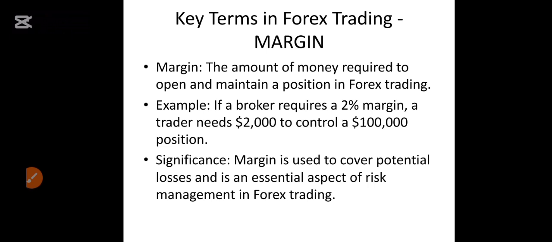Significance: margin is used to cover potential losses and is an essential aspect of risk management in forex trading. So you must know how to risk your account. If it requires 2% margin, you need to be able to break it down whereby you don't lose much, and you don't risk higher.